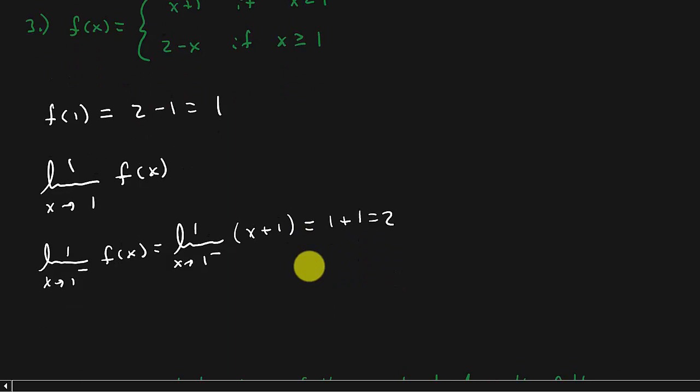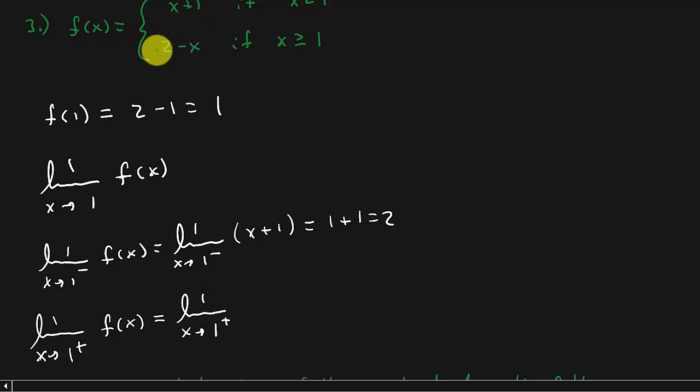And then we have the limit as x approaches 1 from the right. In order to find the limit as x approaches 1, I've got to do the limit from the left and the right, and they have to be equal. Now, which one are we going to use? We're going to use the function on the bottom because that's the values greater than 1.